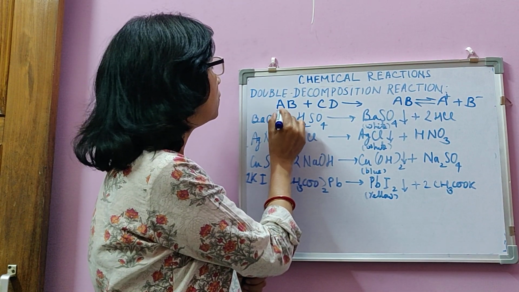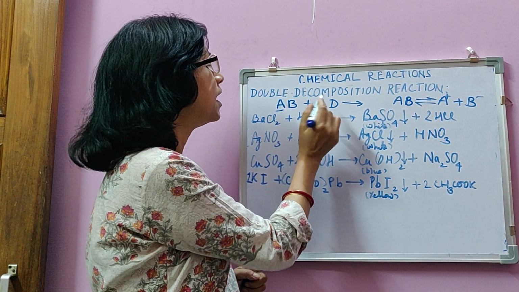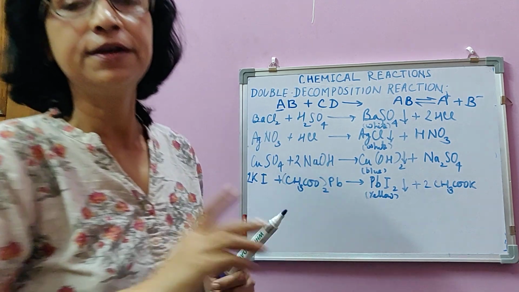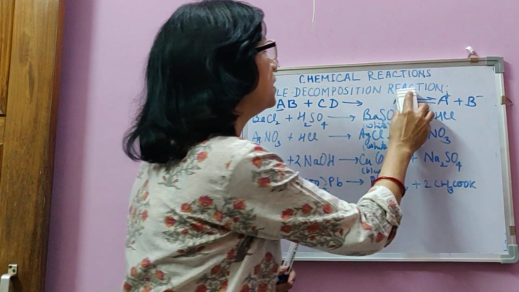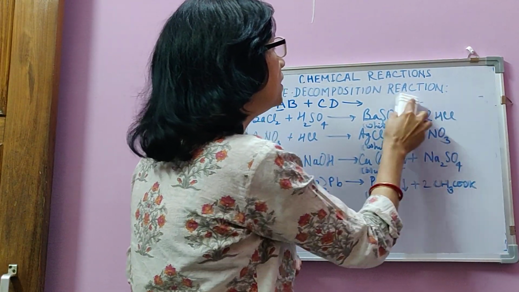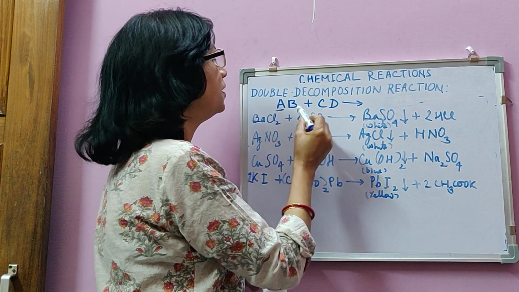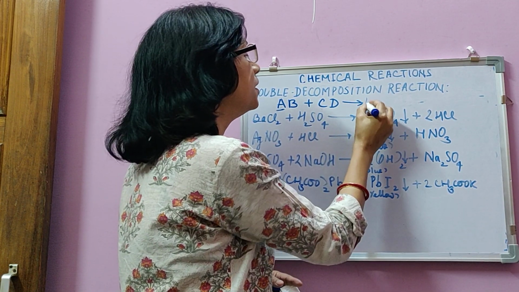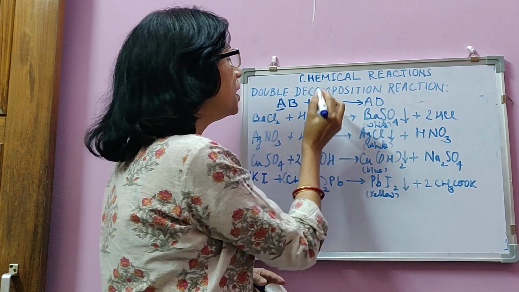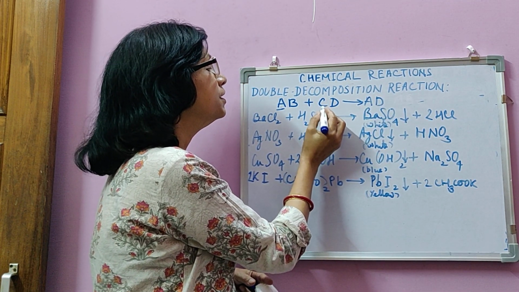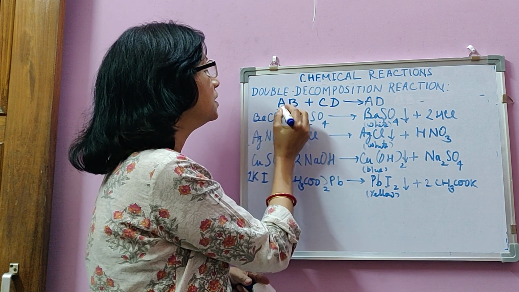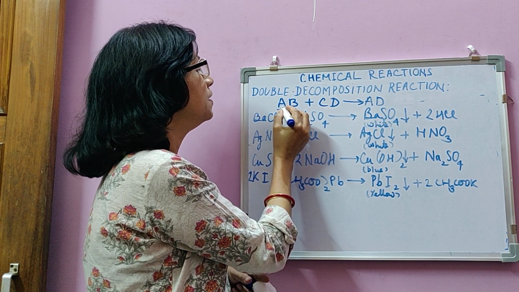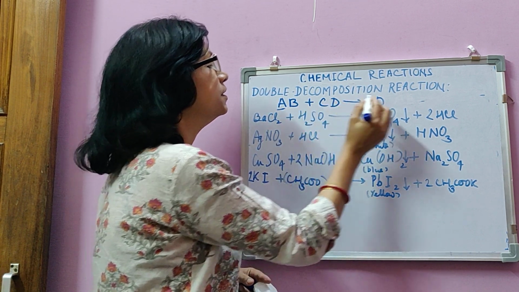Then the cation of the first compound displaces the cation of the other compound. If A displaces C from CD, what will it become? AD. And C, the cation of CD, displaces the cation of AB, then what will it become? CB.